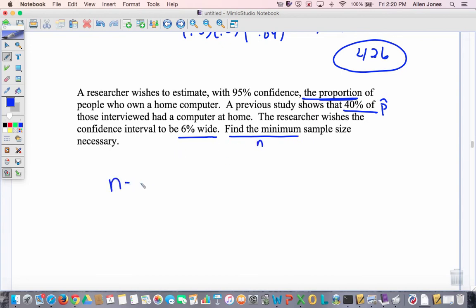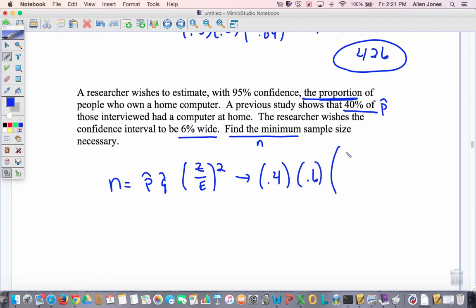Find the minimum sample size, or N. So one more time, I'm going to write the formula up here, P hat, Q hat, z-score, maximum error of estimate squared. So in this case, our P hat is actually spelled out for us this time. It's 0.4, which means our Q hat is 0.6. Our z-score is 1.96 for the 95% up here.